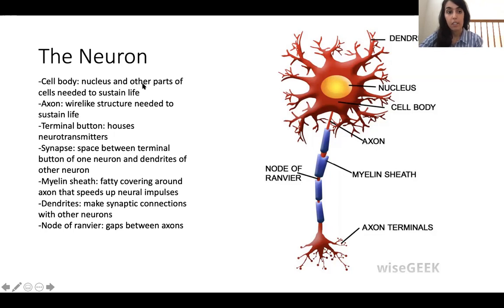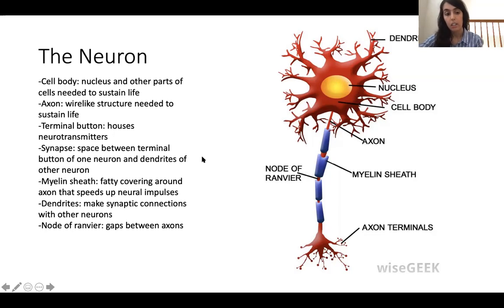So first we have the cell body, which is right here. And this is where you'll usually find the nucleus as well as other parts of the cell to actually sustain the neuron's life. Here we have the axon.